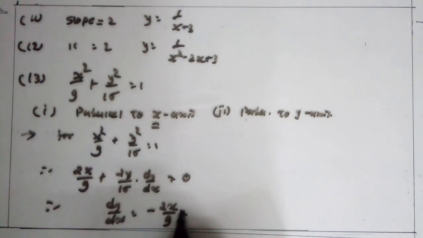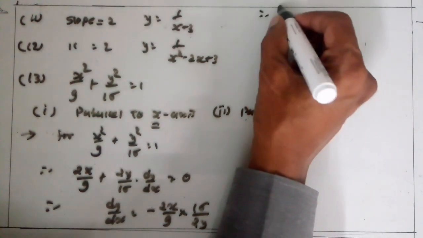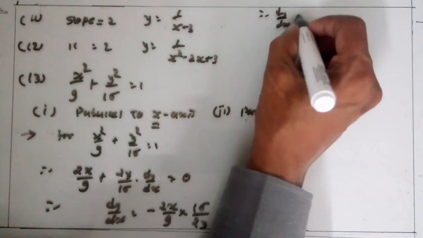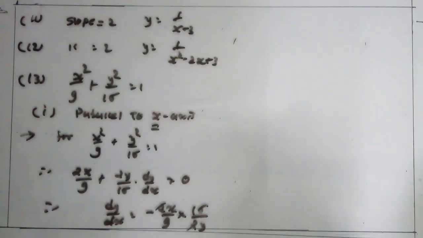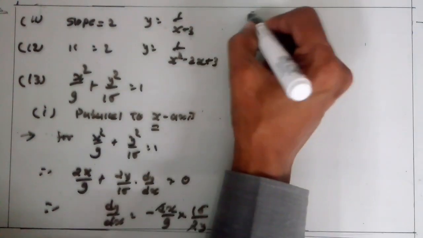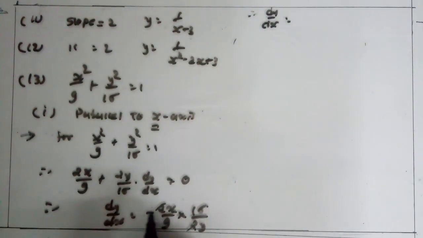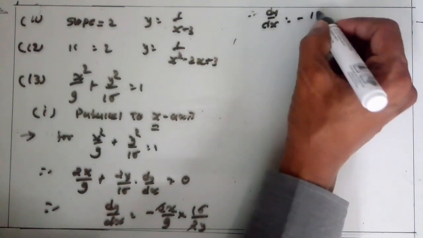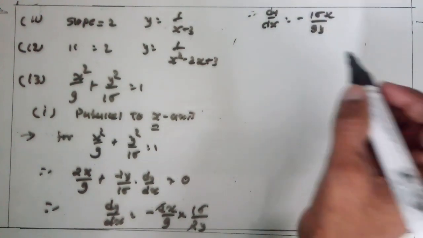Now 16 take this side, so write in the numerator. 2y take this side, so into the denominator. Clear? Now simplify this. So dy/dx is equal to, here 2 from both cancel. Therefore dy/dx is equal to minus 16x upon 9y. Clear?